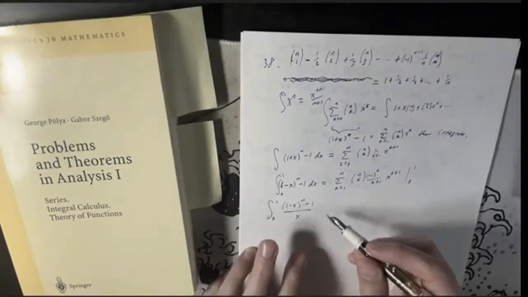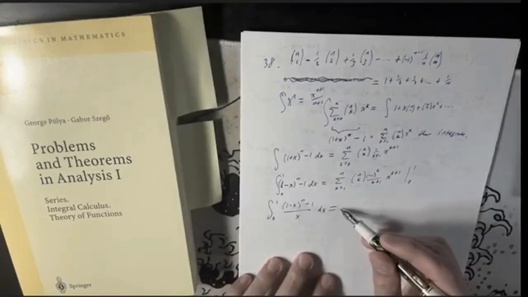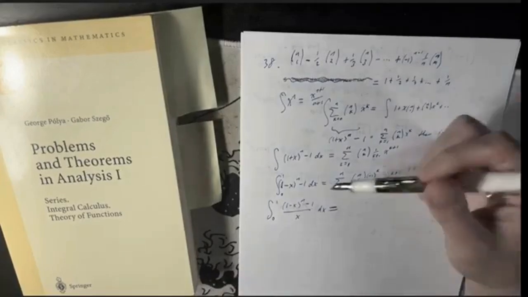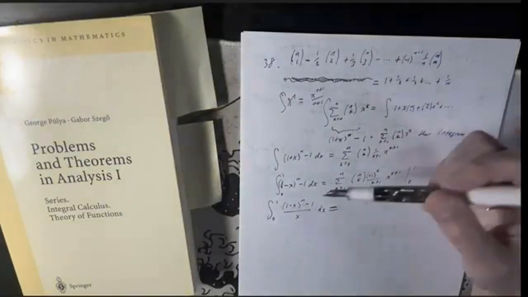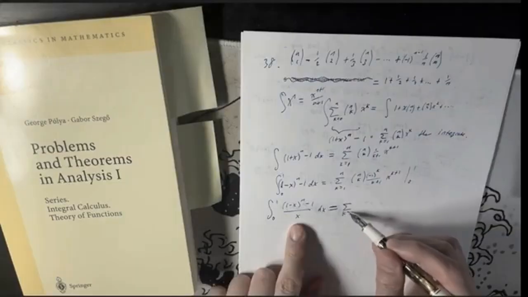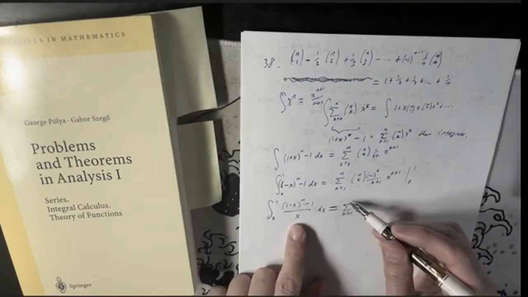So this is now an improper integral, but whatevs. The subtracting 1 is a lot like ditching the 0th term, and then I scaled it back. Okay. Then I scaled it back, and then I integrated it.